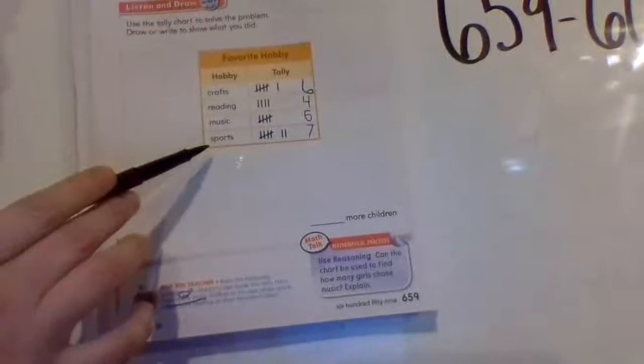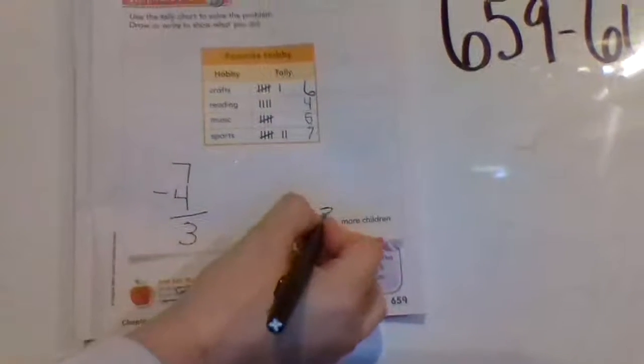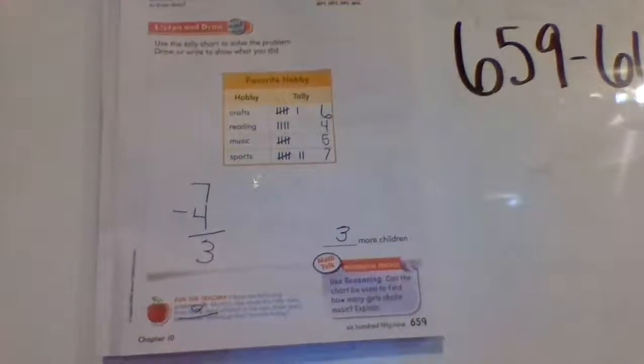So we are looking at sports, which was 7, and reading, which was 4. So we're going to subtract 7 minus 4. And when you subtract 7 minus 4, you get 3. So 3 more children like sports than reading.